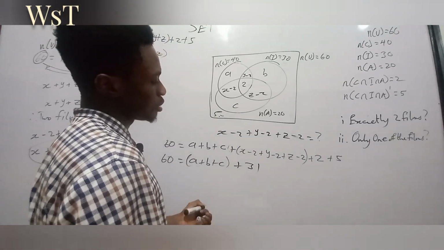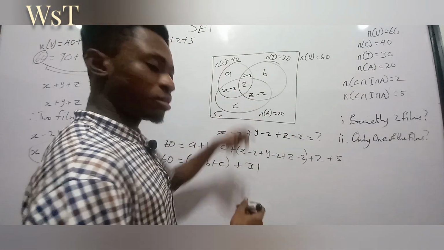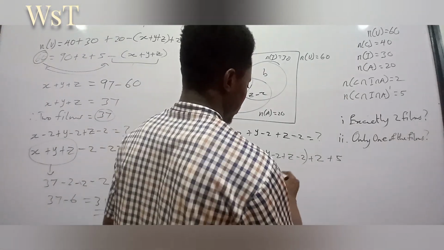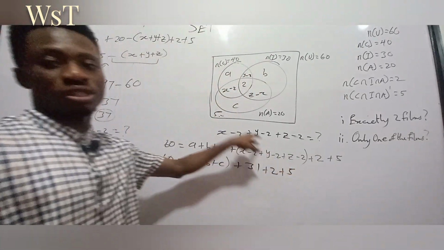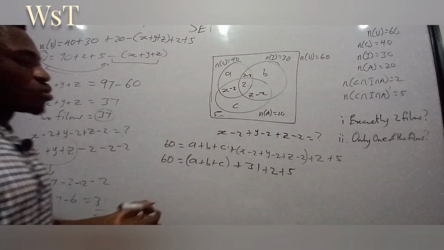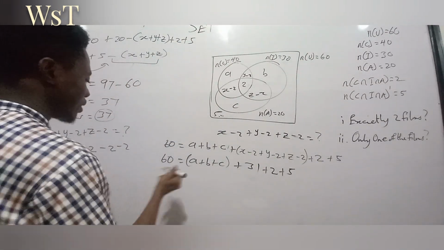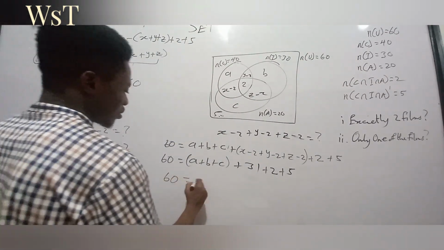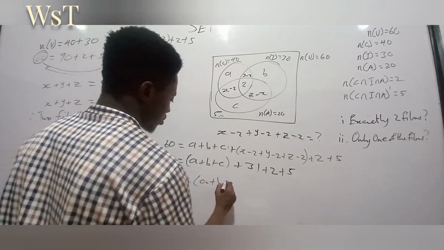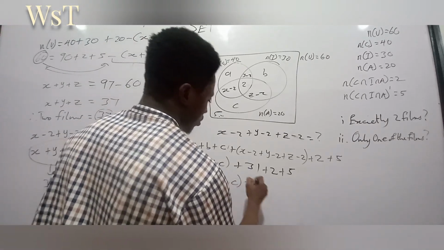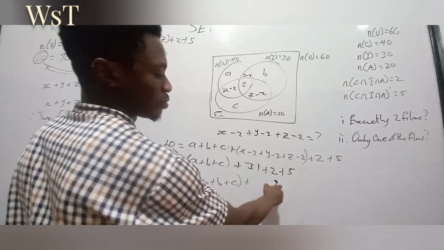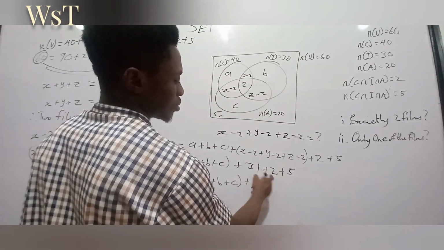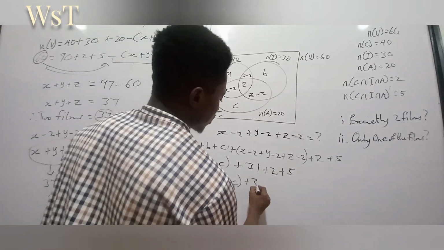Then the next thing we take is the 3 subjects. We add it plus anything outside, which is the 5. So when we add all this, what will we get? 38.